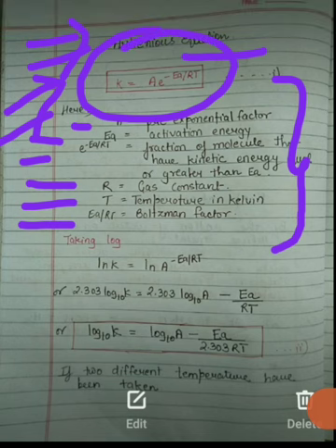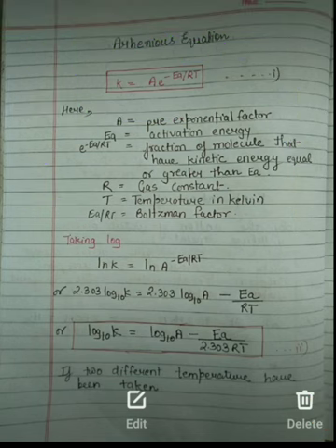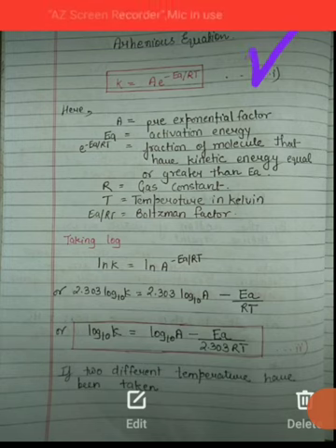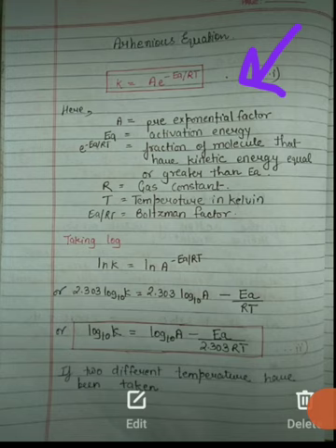Okay, now students, assume this as equation first, that is k = A e^(-Ea/RT). This is our first equation. So taking log of this equation, what do we get? We get ln k = ln A - Ea/RT.